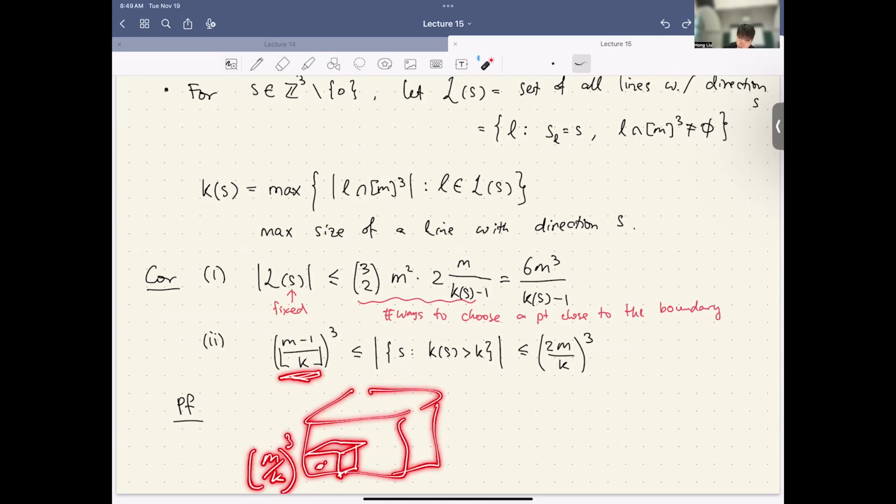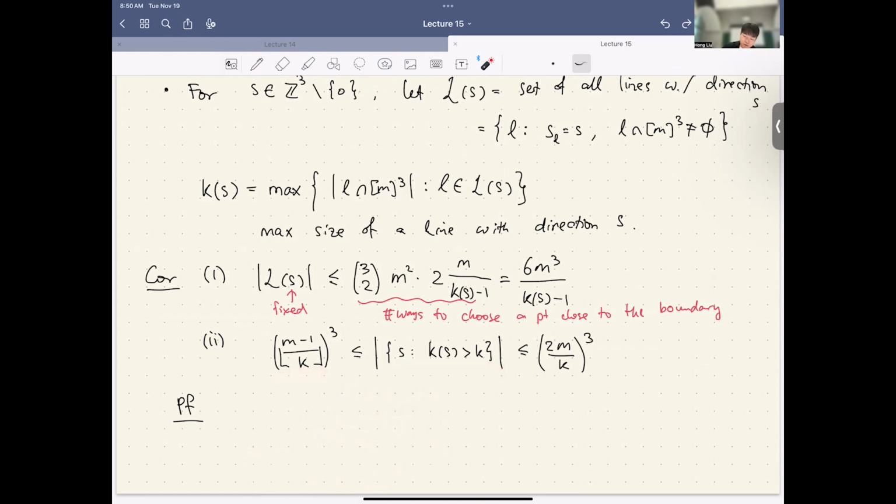Here, you can pick any direction s as your direction. And because the infinity norm of this s is small, stepping out k times will remain inside this box. So every line going through this with direction s will have size at least k.